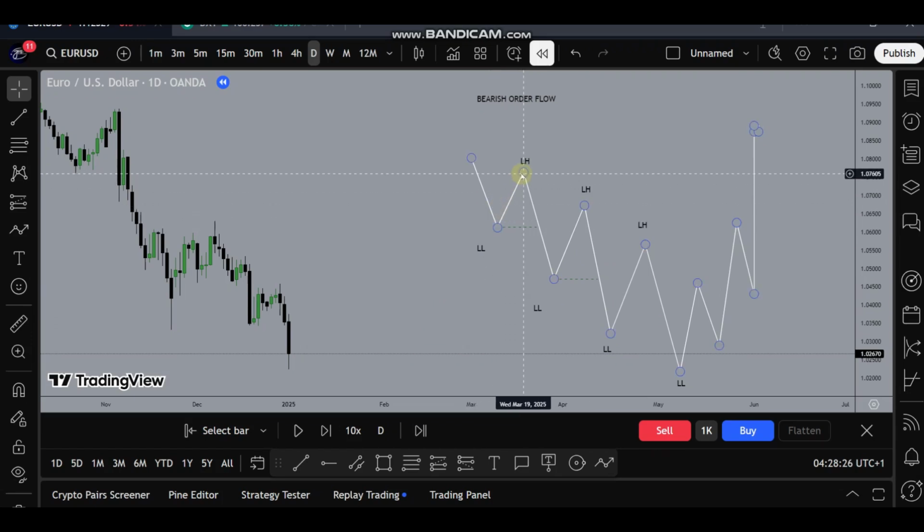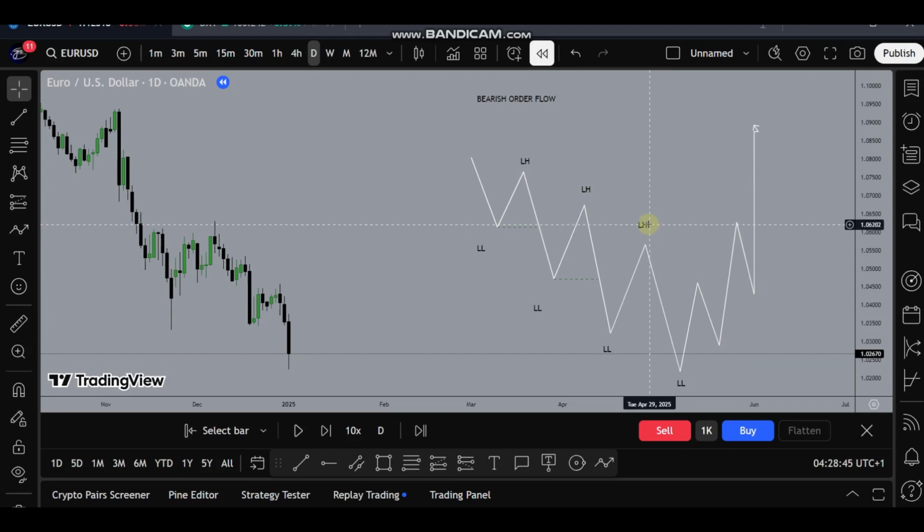This is the highest high. So that highest high is where you place your lower high. Now, after price breaks structure and forms a retracement, you ask yourself, between this lower low and this lower low, where is the highest high? This is the highest high. That is where you place your lower high.